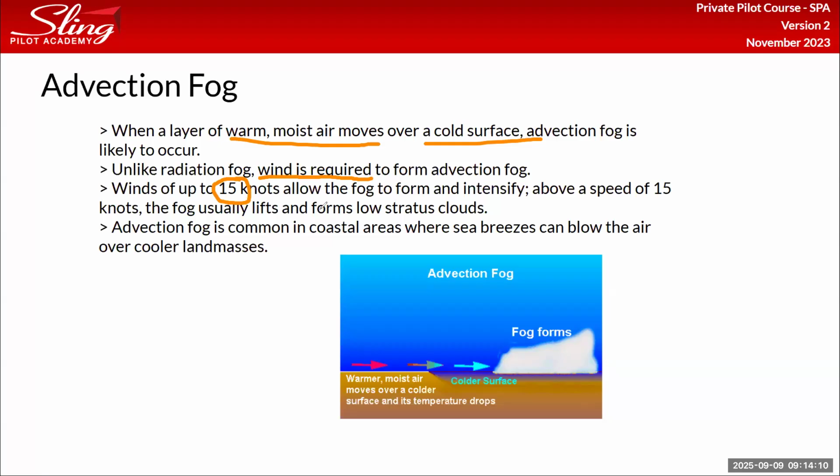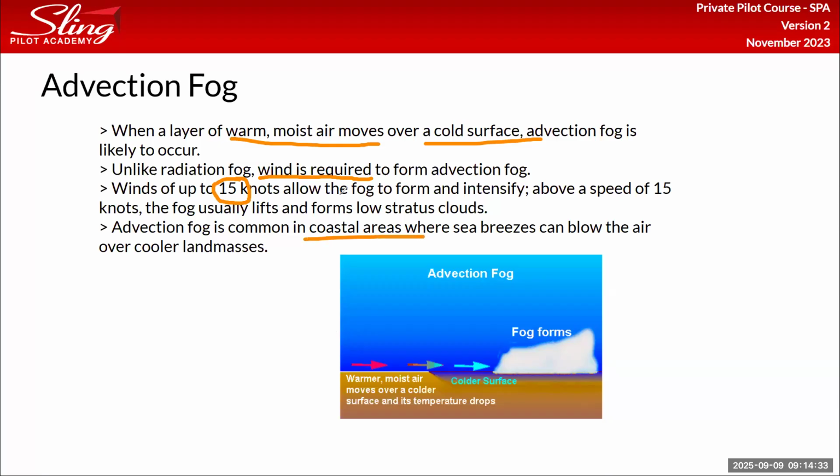It's very common to have 15 knots coming from the water. So up to around 15 knots allows advection fog to form. If you get much higher than that, it usually just lifts into the air and forms low stratus clouds instead of fog on the ground. Okay?